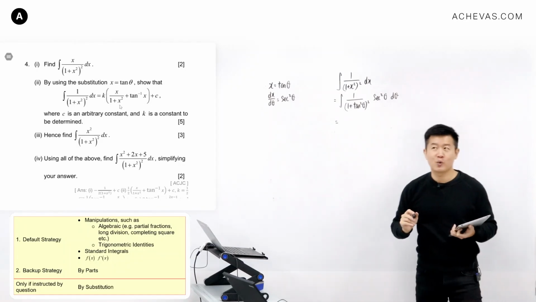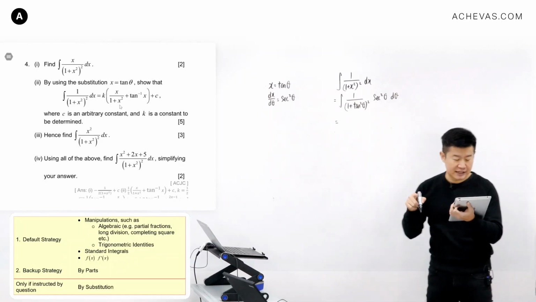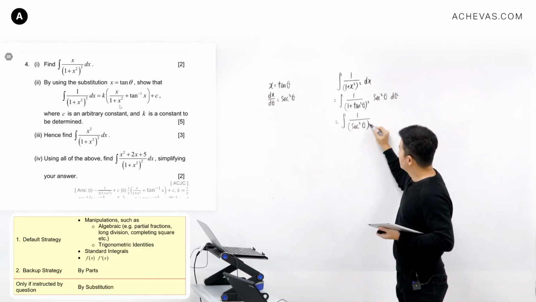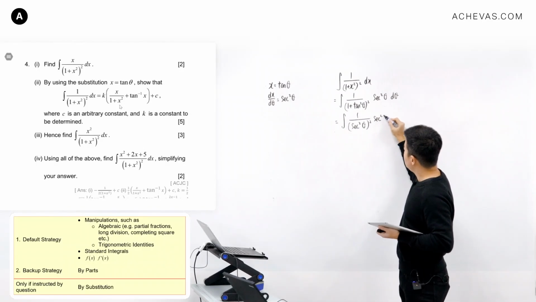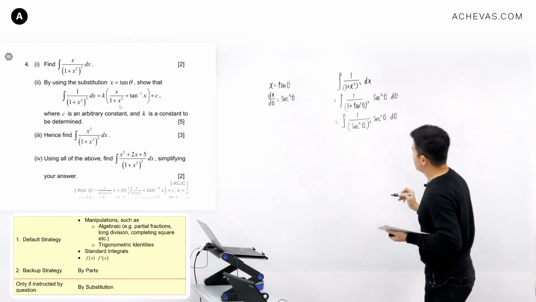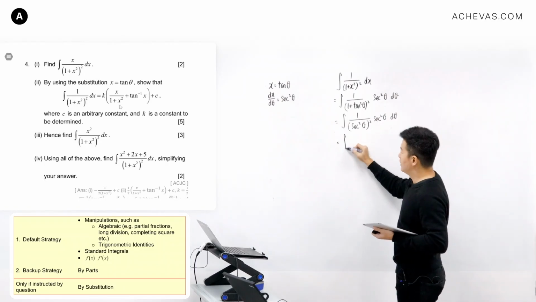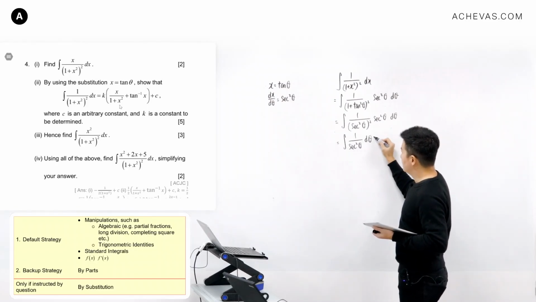And 1 plus tangent square theta is secant square theta. So we have a 1 over secant square theta square, secant square theta d theta. So we have a secant 4 theta, secant square theta. Cancelling them, it is going to be 1 over secant square theta d theta.